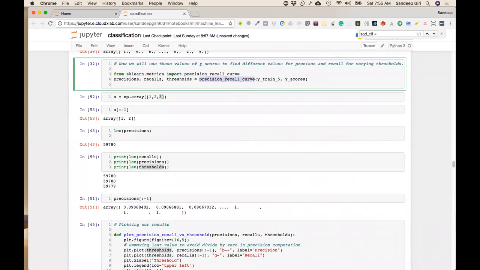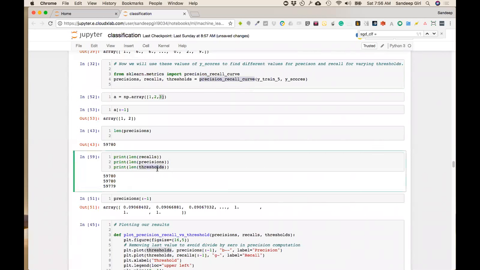We essentially have removed one: the threshold is calculated one less than the total values. So the length of threshold is one less than recalls and precisions.